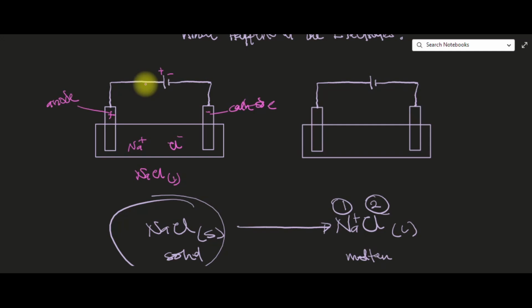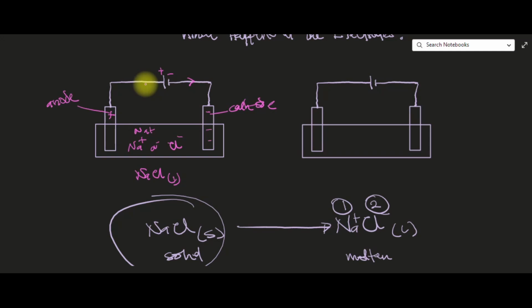So electrons will come out of the battery from the negative side, and then go to the cathode. Cathode is negatively charged. So we have 2 types of ions in the solution, Na+ and Cl-. Now, remember, this is negatively charged.